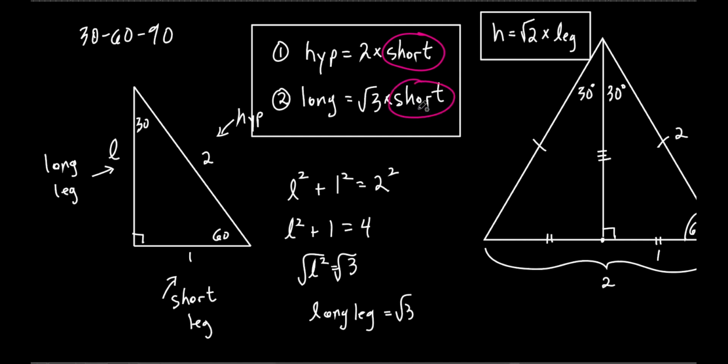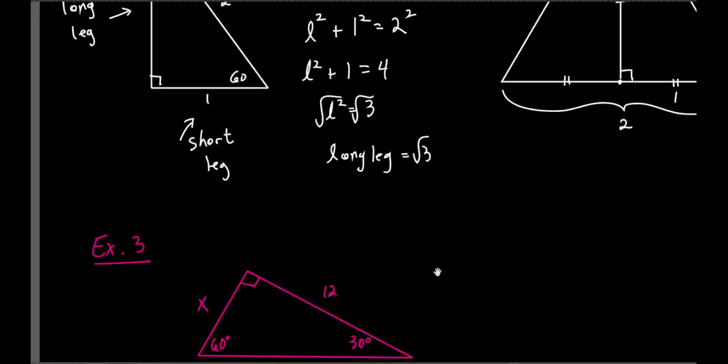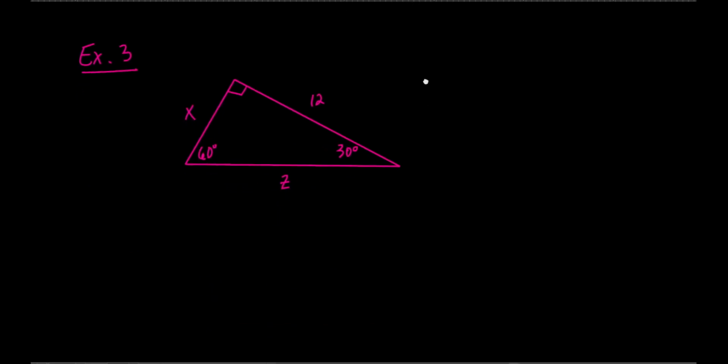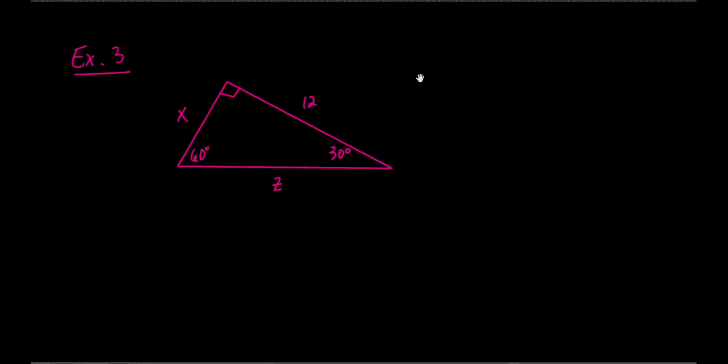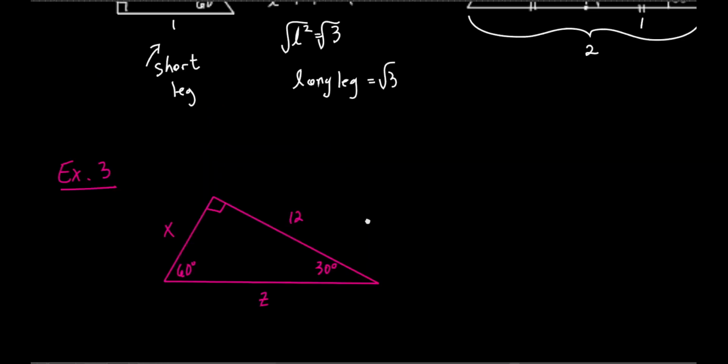So the short side is the important side, because this one is twice the short side. This one is the square root of 3 times the short side. So the short side is very, very important. Would you agree? So what do you think you want to solve for first? The short side, because I can't really solve for z right now. Do I have a relationship between the hypotenuse and the long side?